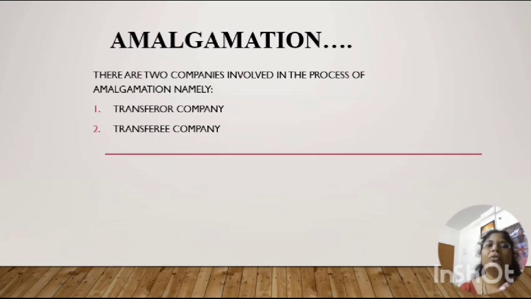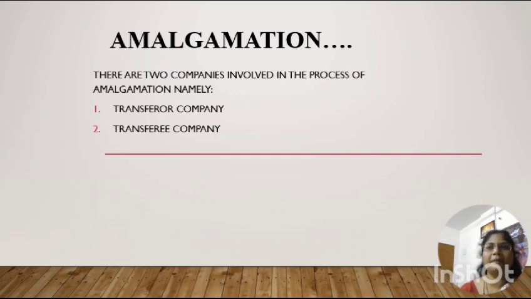As an example, when two companies merge together, those two companies will be treated as transferor companies, because they will not be existing in the market; they are going to be liquidated, merged, and form the new company.